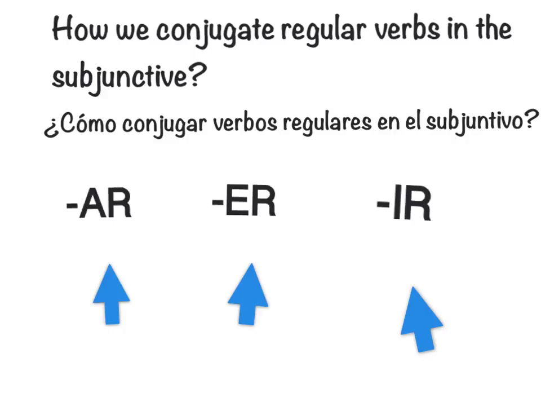You know that in Spanish, we classify the regular verbs according to their ending. We have the ar verbs, we have the er verbs, and we have the ir verbs.